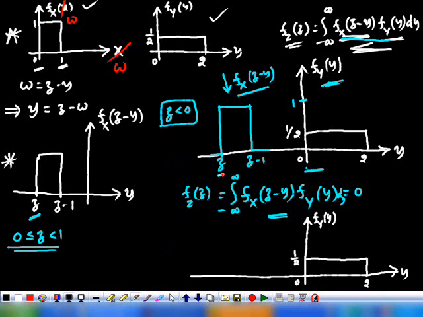That is, this should move to this region. This is 1. This is z. Actually, first we have to write z minus 1 and then z.